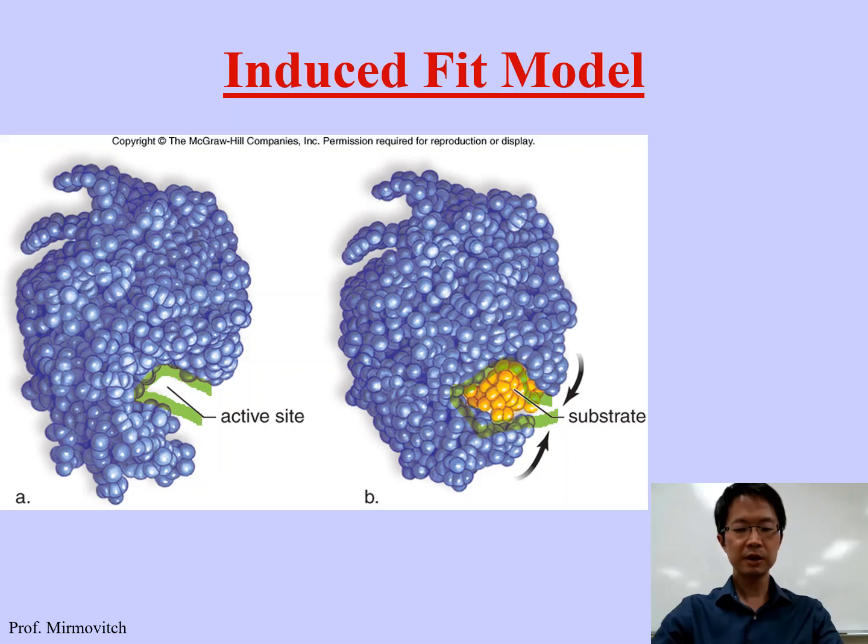The substrate looks like a diamond shape or walnut shape, and then the active site originally is like a parallelogram. So the substrate forces itself into the active site so that the active site will change the shape. As the shape of the active site changes, it will also change the protein structure as well.